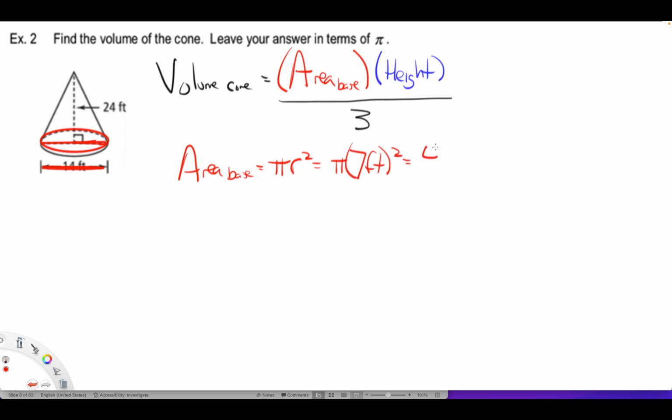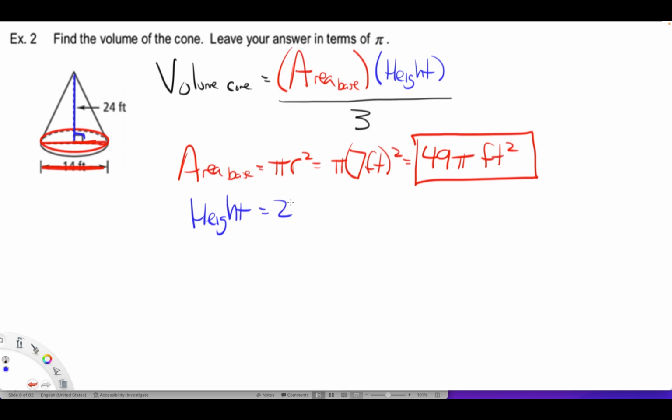So put that all together, and that is 49 pi square feet. I also need to find my height. And my height is given to us right here. It goes from the vertex to the base, and it's perpendicular to the base. So I know that's my height, which is equal to 24 feet.